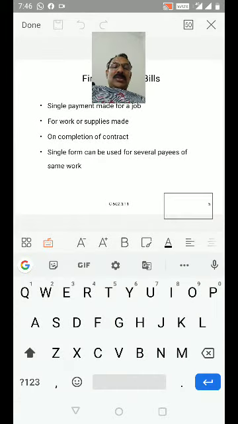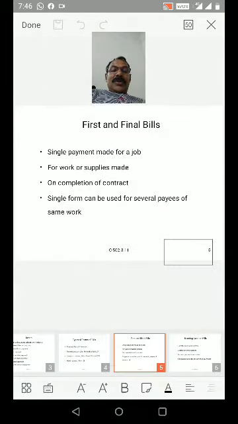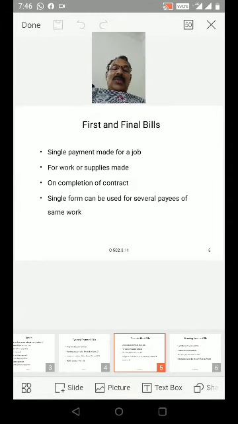So single payment made for a job, for work or supplies made on completion of contract. On completion of contract, a single payment you have to make, that is first and final bill.